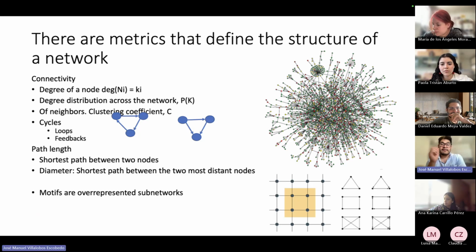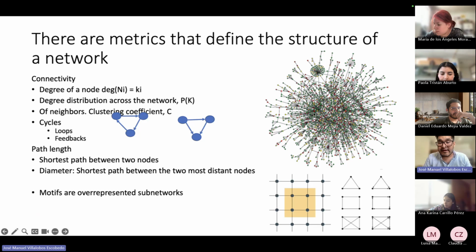And we can see that some of these are loops or feedbacks. Using the average connection between one node at the border of the network and another node in another part of the network, we can calculate the diameter of that network.